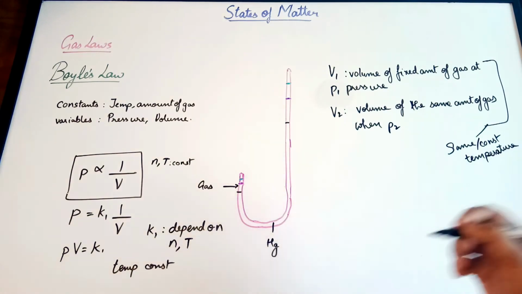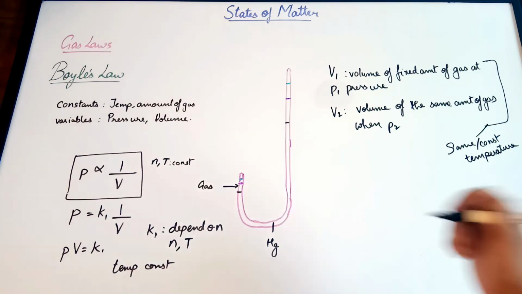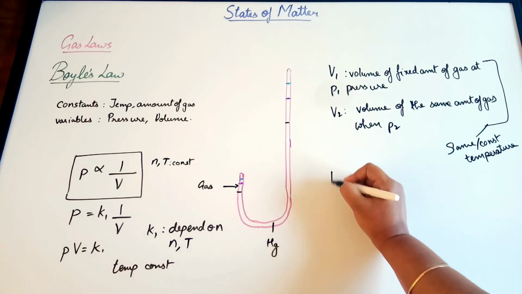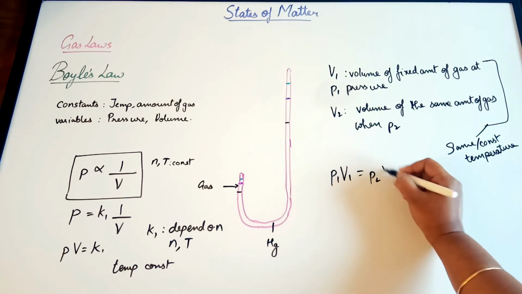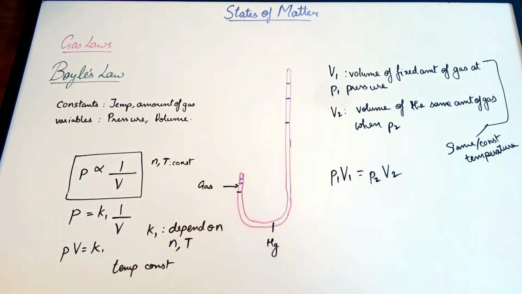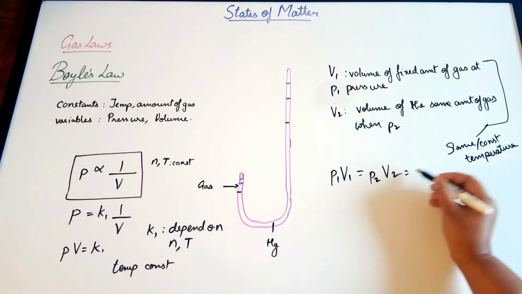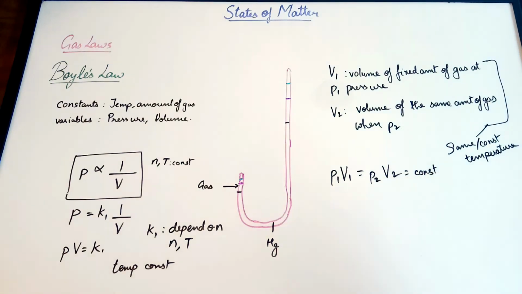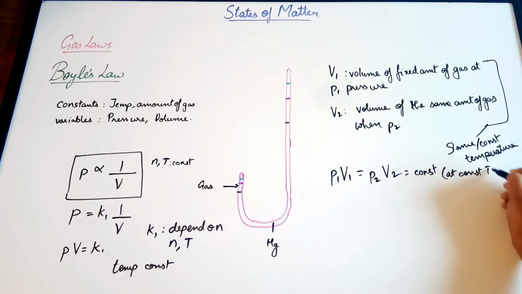Since we have the same conditions of temperature as well as the amount of gas in both cases, we get this equation: P1 into V1 equals P2 into V2, at constant temperature.